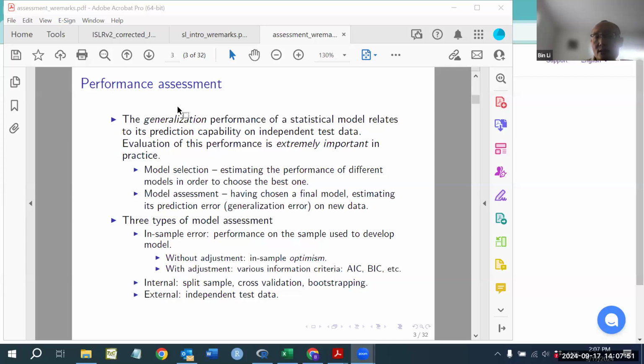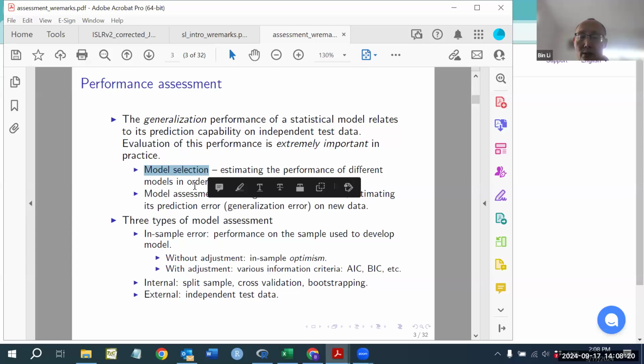So the performance assessment is very important, especially the generalization performance of a statistical model, which relates to its prediction over an independent test set. The reason that evaluating the generalization performance is critical is that it can help us select the optimal models, and it can also help us evaluate the model performance.